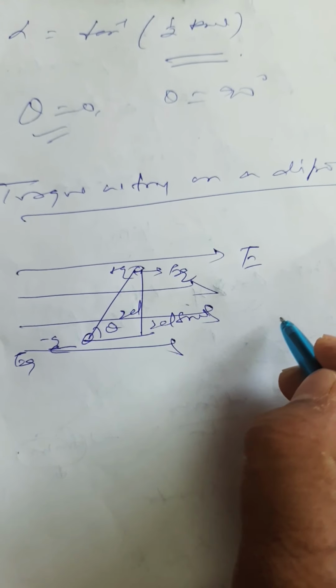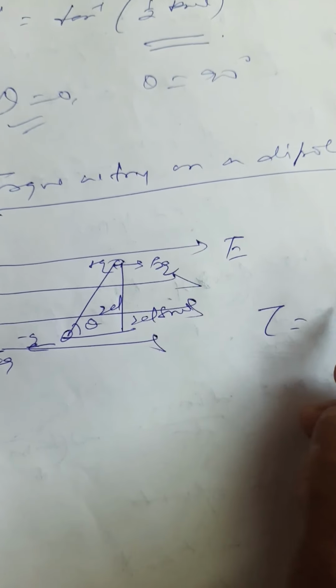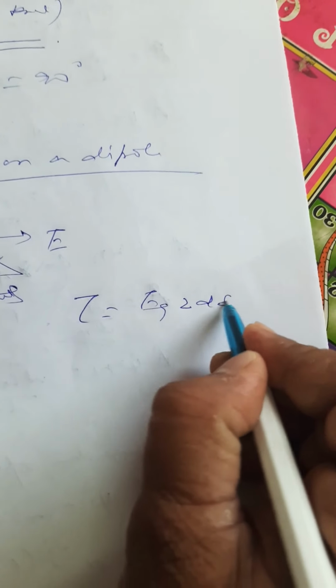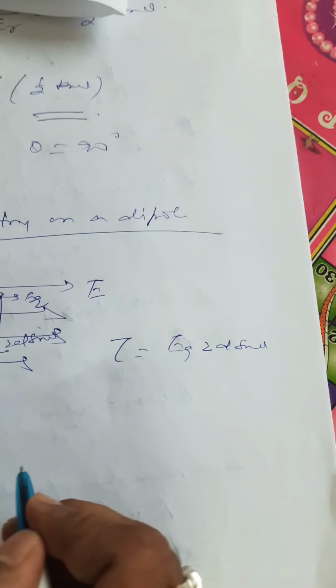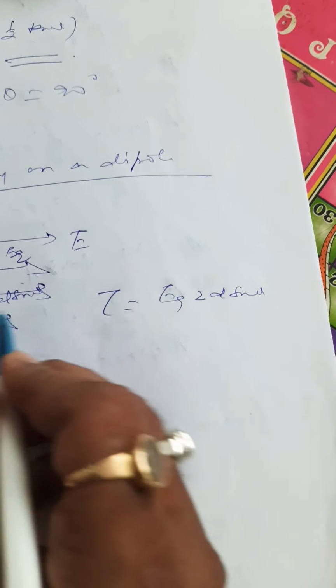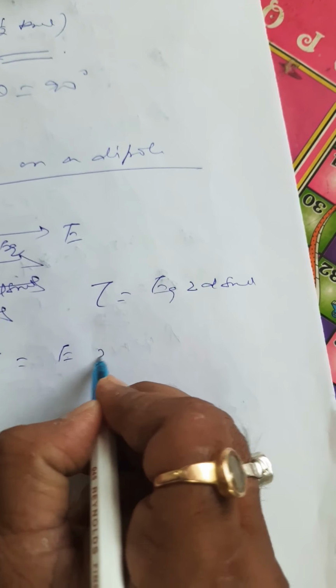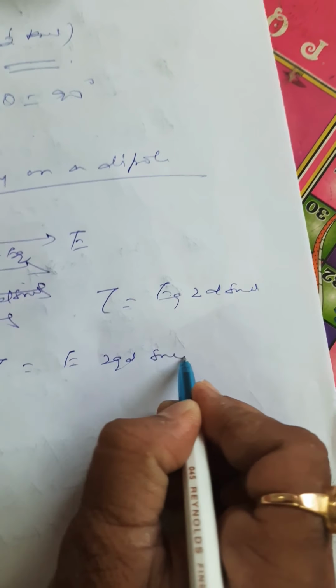So the torque will be given by force into perpendicular distance, that is Eq into 2d sine theta. So this tau is equal to E 2qd sine theta.